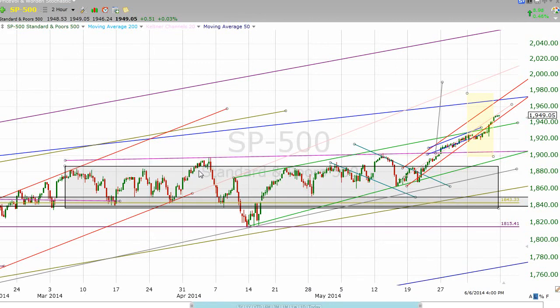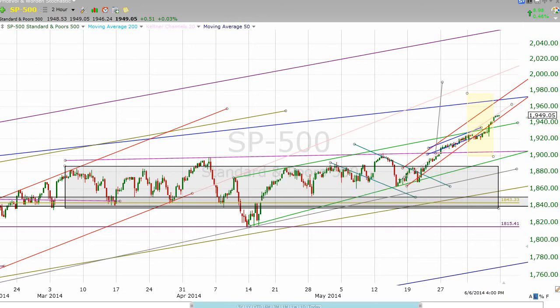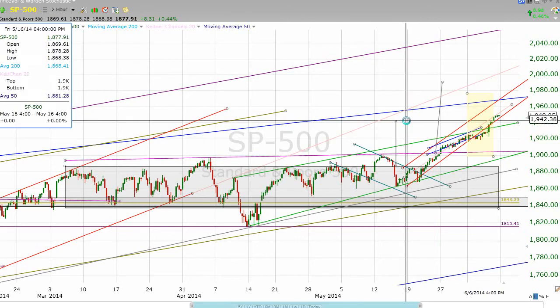This looked like maybe a premature breakout. But I was thinking that if we could get over 1884, you'll recall this, it's not on the chart now because things have changed a bit, but I'm going to point it out anyway. The idea was if we could get over 1884, then I thought we should be getting up into the 1940s.